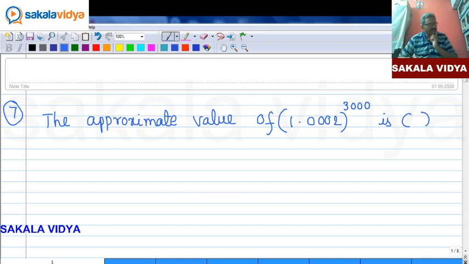Here I have taken x equal to 1 and 0.0002 as delta x.